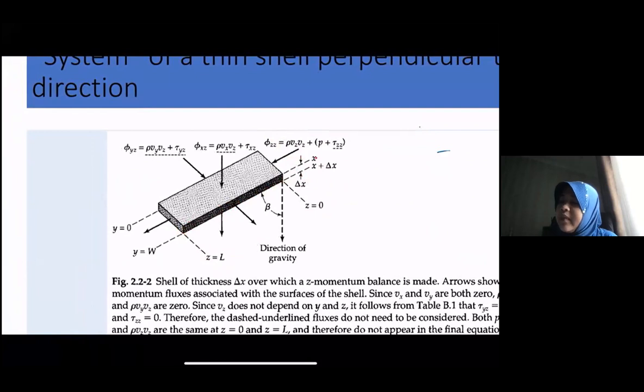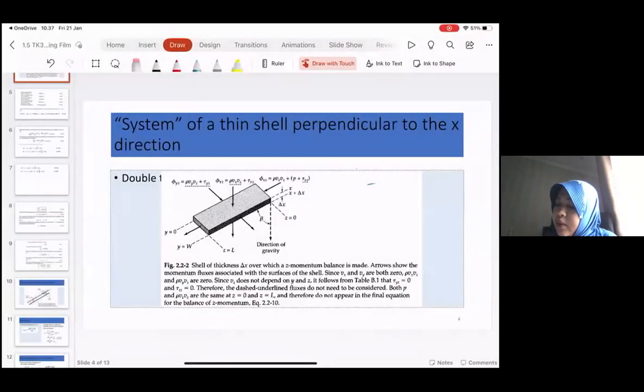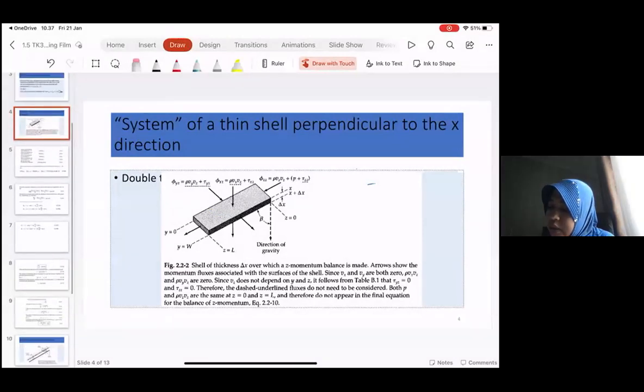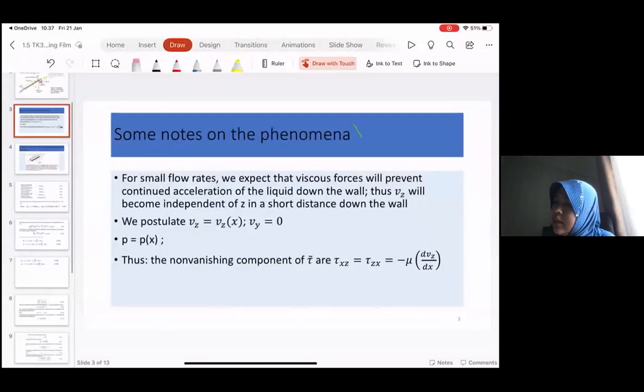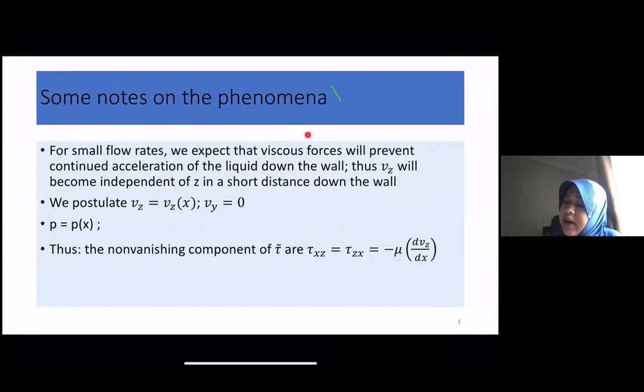Before that, some notes on the phenomena. We can expect that the viscous force will prevent continued acceleration of the liquid down the wall. So Vz would be independent of position a short distance down the wall.